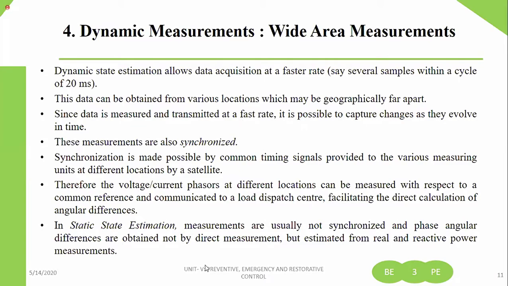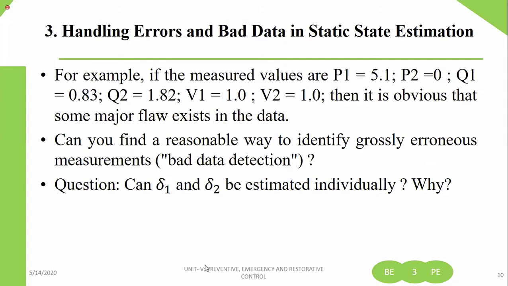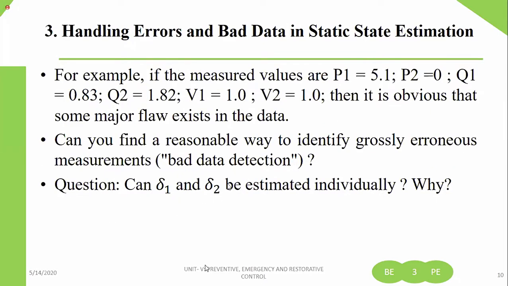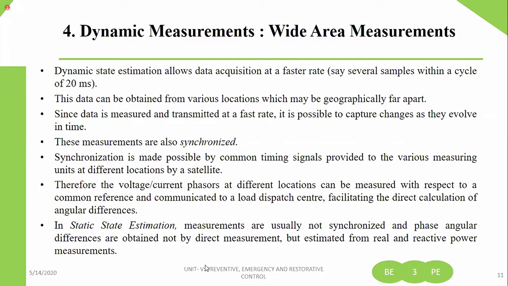Wide area measurement. As of now we are using static state estimation, but this one is a new concept because many flaws and faults have been found, and they are trying to develop another way.